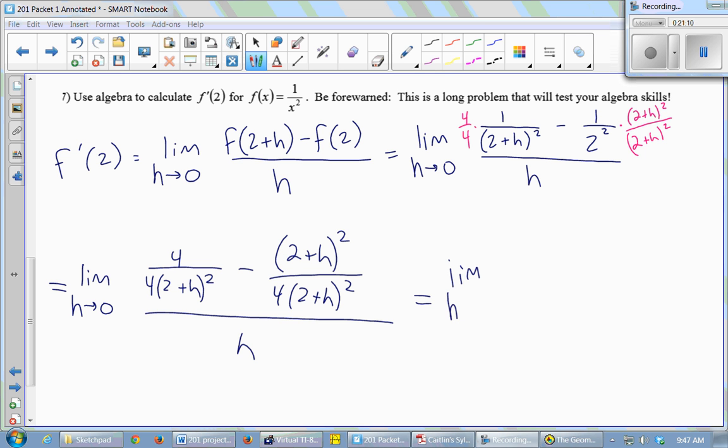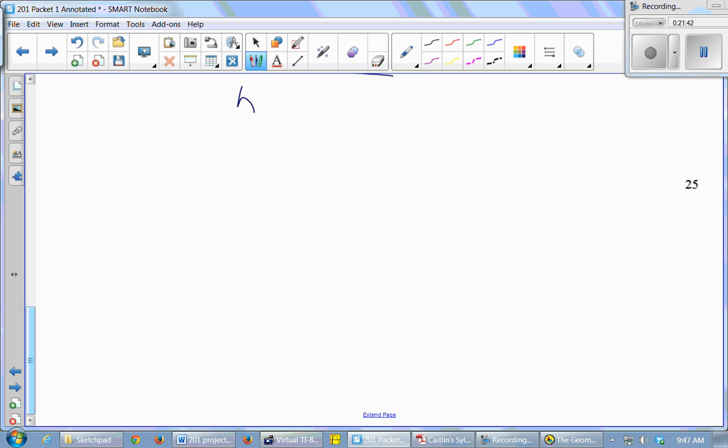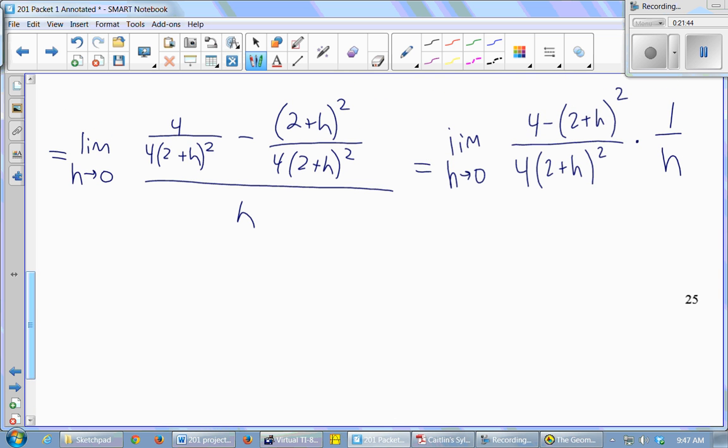So I have the limit as h goes to 0 of 4 minus (2 plus h) squared over the common denominator of 4 times (2 plus h) squared. And this is all over h, but dividing by a number is the same thing as multiplying by its reciprocal. So I'm going to write times 1 over h.